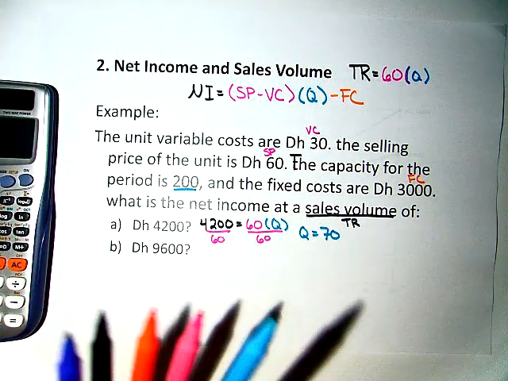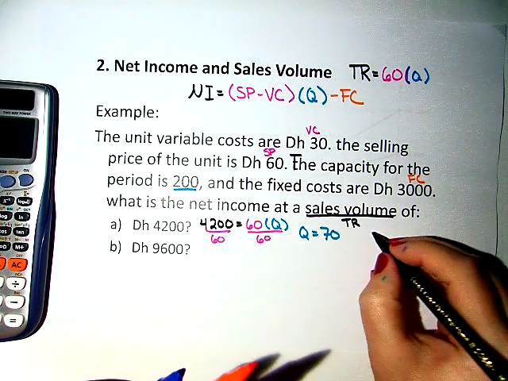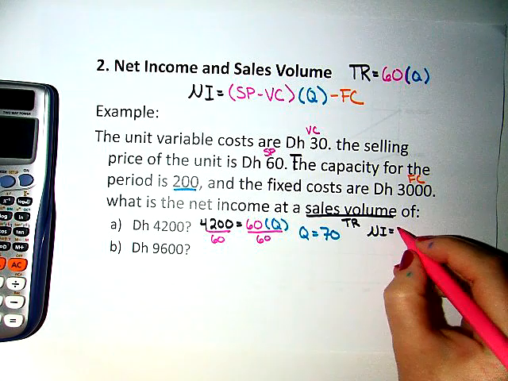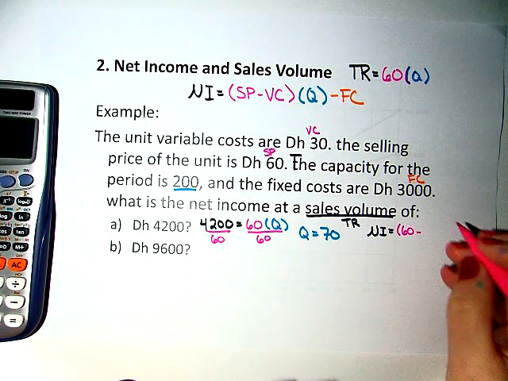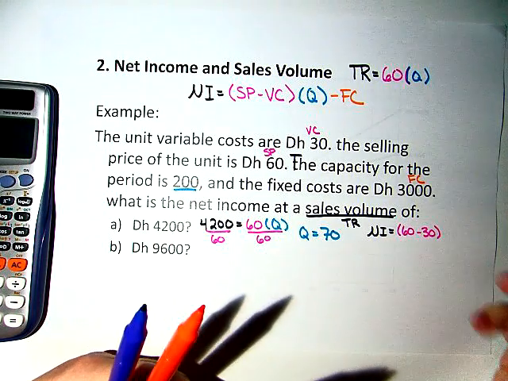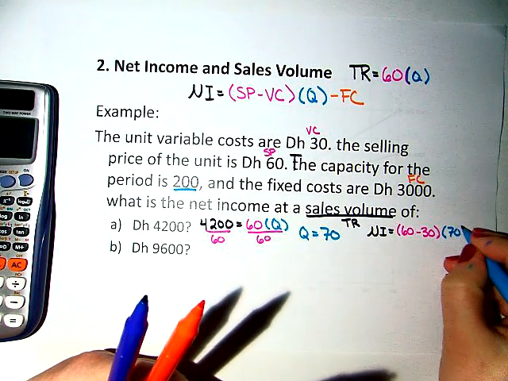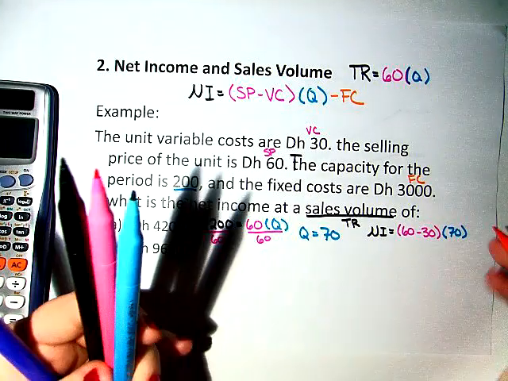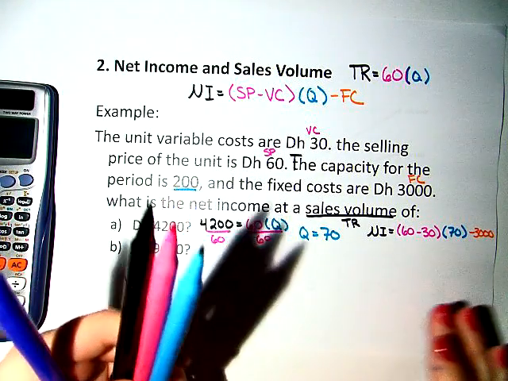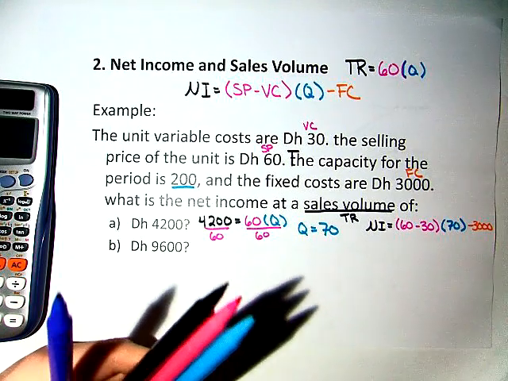So if we're looking for net income, we're going to do the selling price, which is 60, minus the variable costs of 30, and we're going to multiply it by our quantity of 70 and subtract 3,000. Okay, so let's go ahead and try this out.